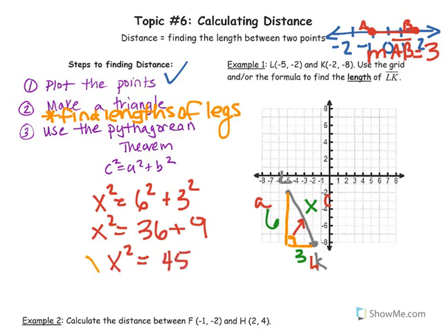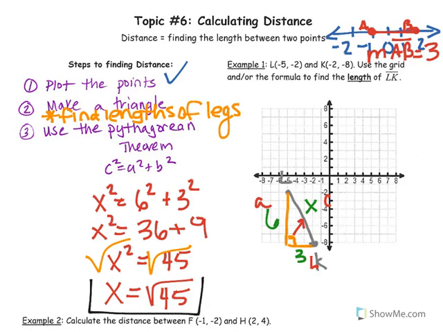At this step, right, we take the square root of both sides. That gives us X on the left, and we're left with the square root of 45 on the right. And there is my distance, right? Now the square root of 45, that's kind of a weird number. We can take that number and actually estimate it, okay, by either using the number line process that we learned in class or using a calculator.